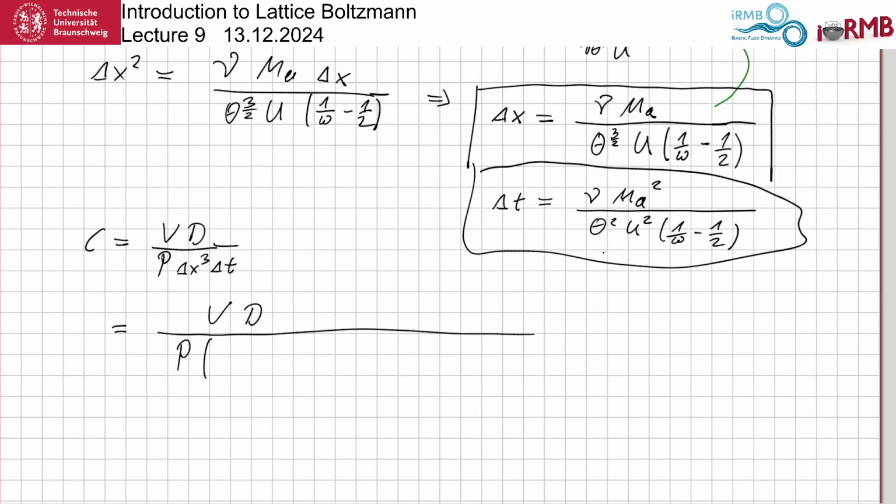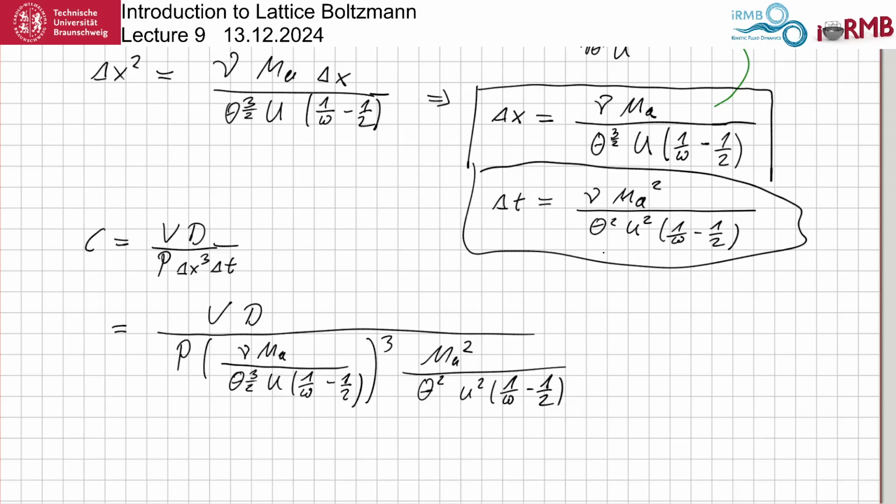And now we have to take delta x to the cube: Mach number, theta to the 3/2, u, 1 over omega minus 1/2. So all of this goes to the cube. And then we have here Mach number squared, theta squared u squared, 1 over omega minus 1/2.